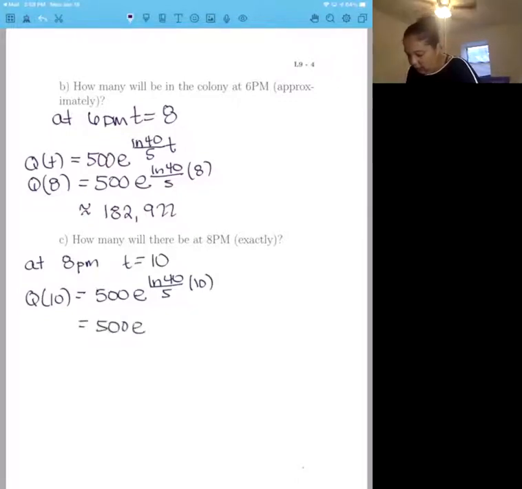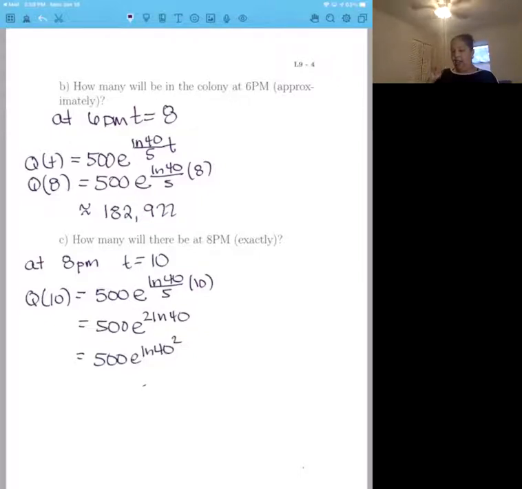So let's rewrite it like this: 500 e to the 2 natural log of 40. But because I have the natural log, I can raise that to 40 squared. All right, now if I have e to the natural log of something, that is the same thing as just what's inside.